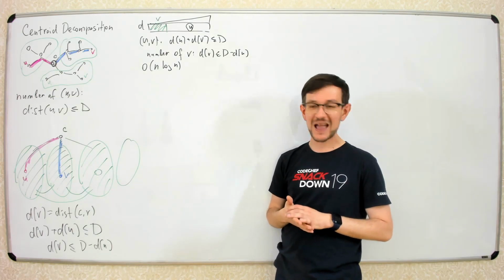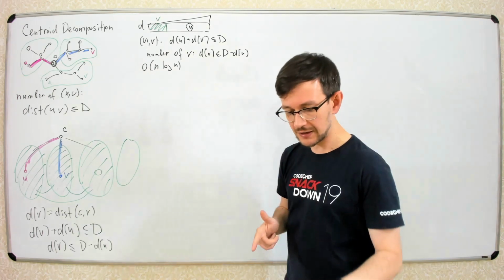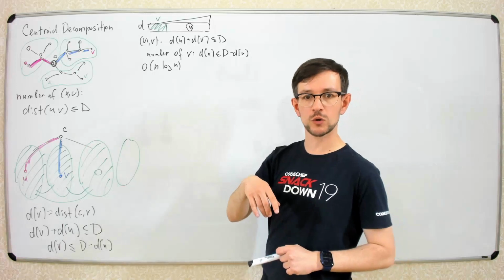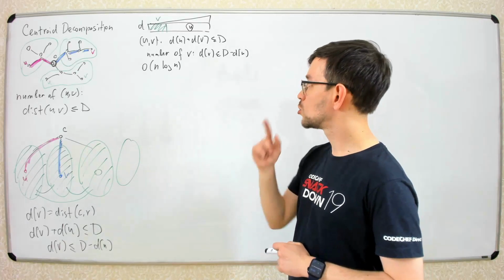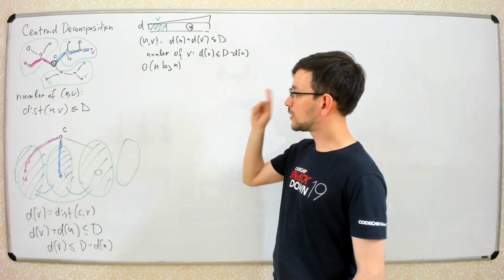Okay. Another way to calculate the same thing is just by subtracting the values you don't want to calculate. So let's take some node u.